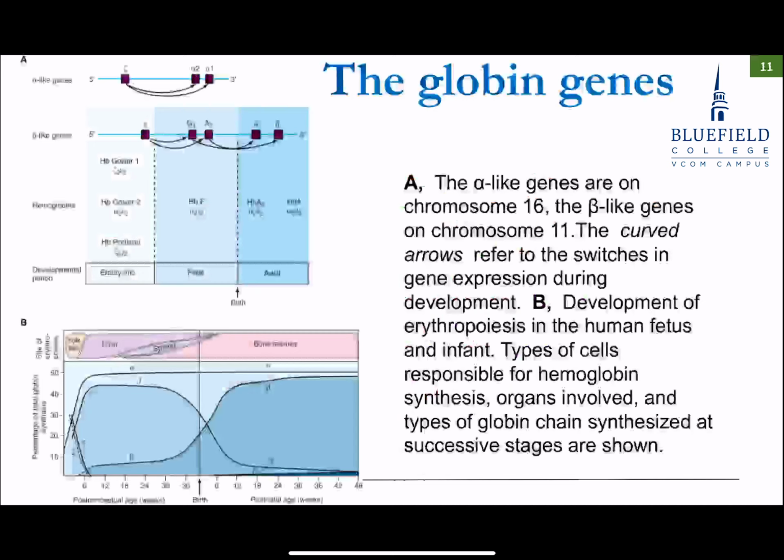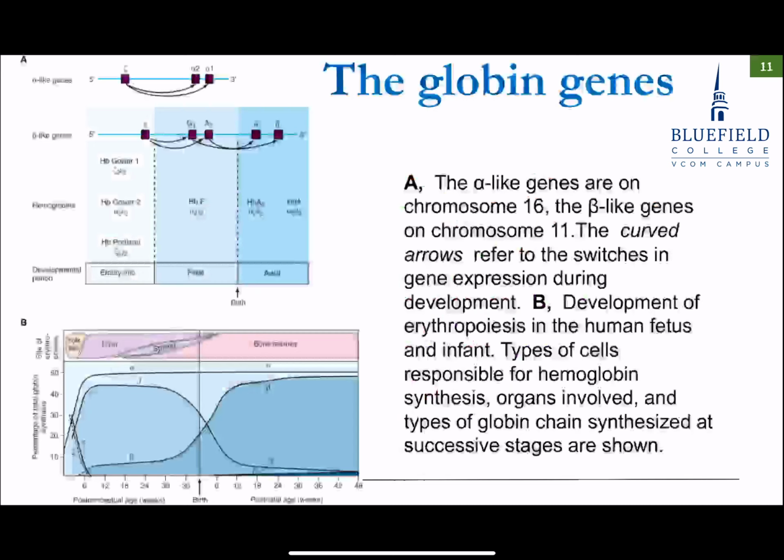In the upper panel that you see, the curved arrows refer to the switches in gene expression during development. So it's important to understand how this works. And the lower panel shows you development of erythropoiesis, which is the production of red blood cells in the human fetus and infant.